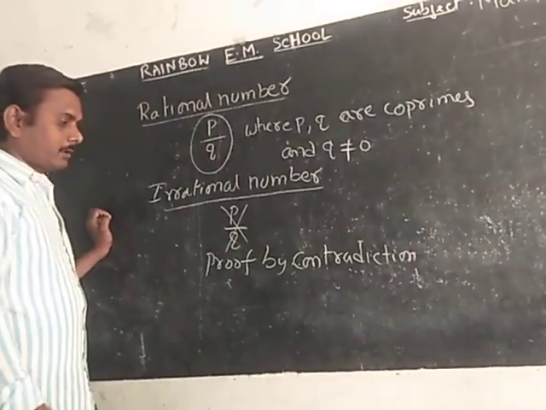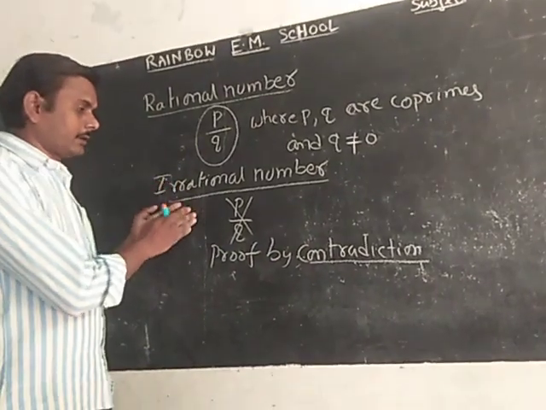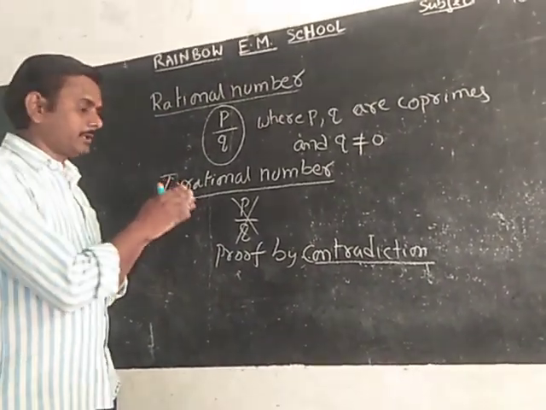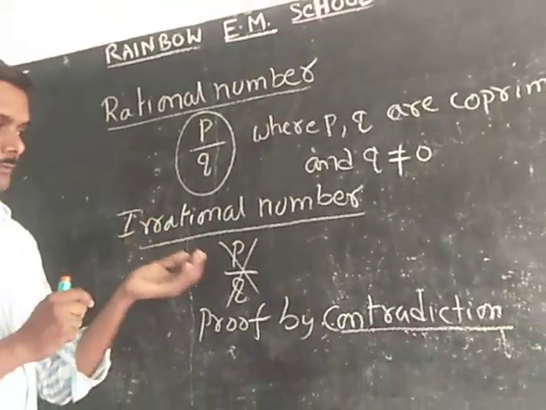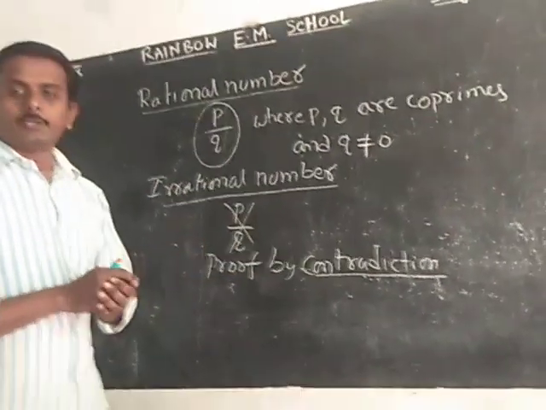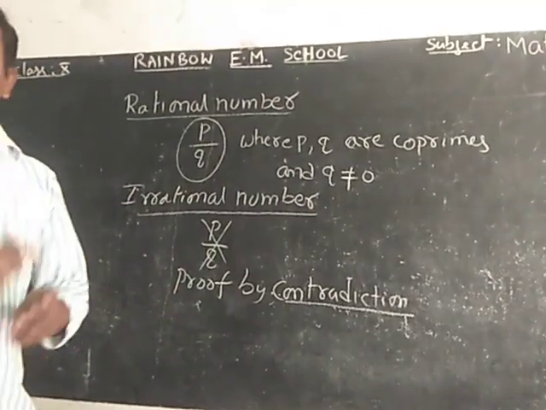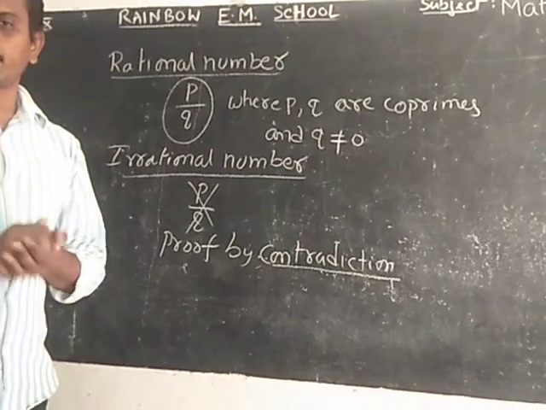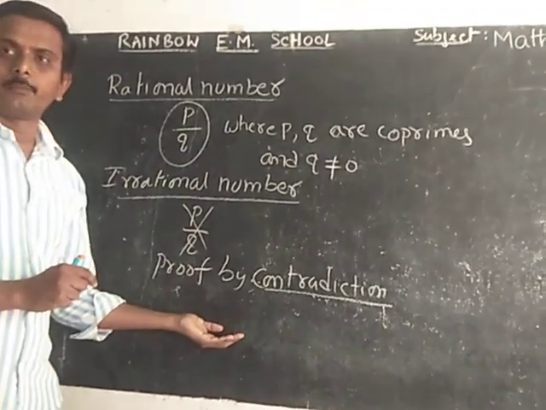What is meant by contradiction? To prove the irrational number, first we have to assume the given number is a rational number. Do some process. Later we can conclude our assumption is wrong, then the given number is irrational. Like that we will follow the proof.